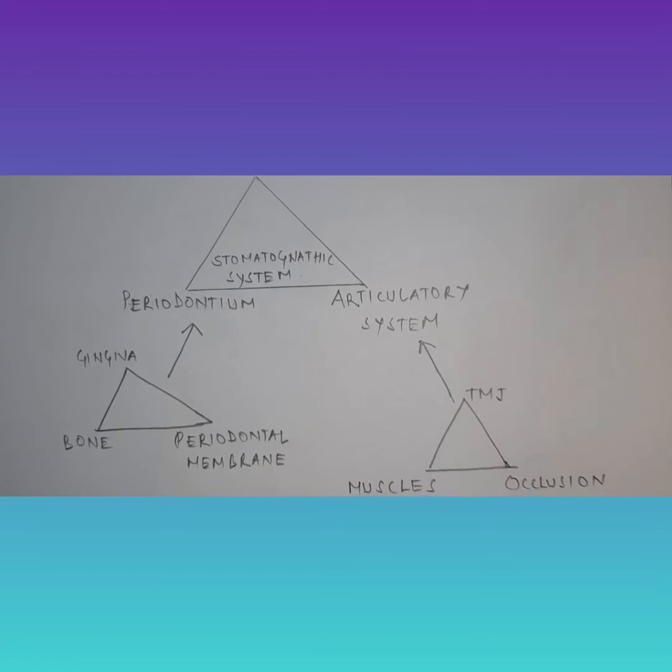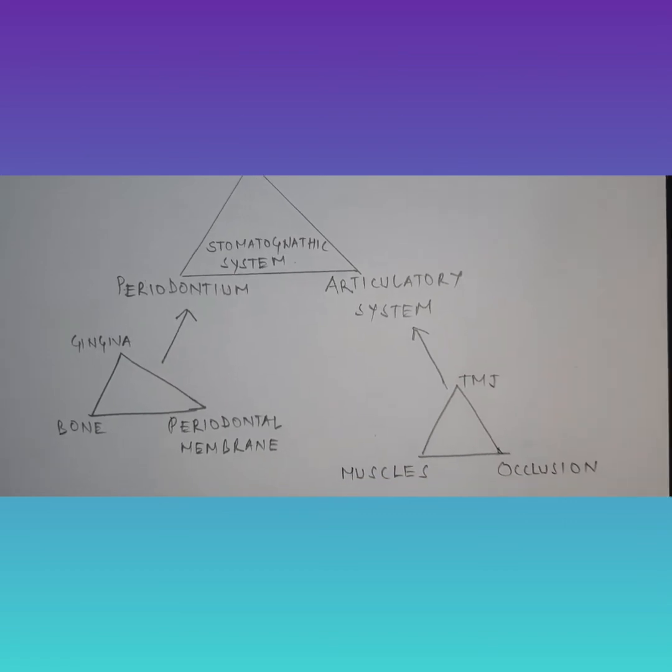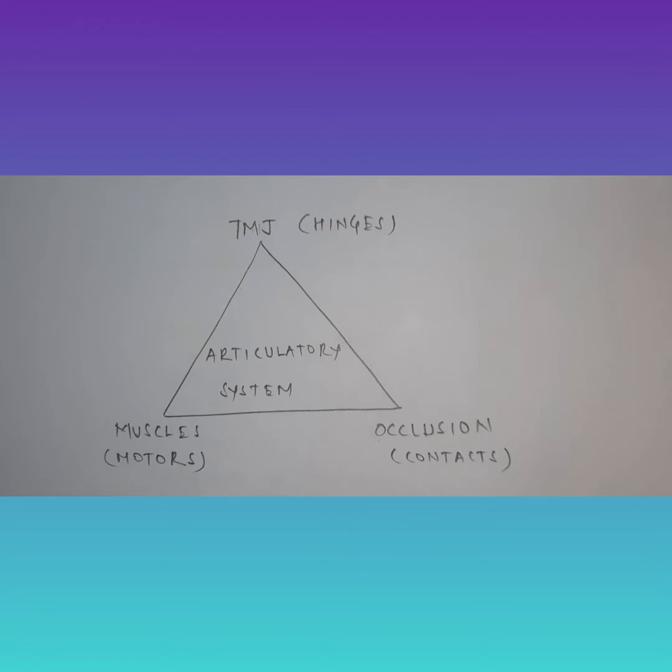And the most important system which I was talking about is the articulatory system. It has three components: the temporomandibular joint, the muscles, and the occlusion. The temporomandibular joint we can compare to hinges, muscles to motors, and occlusion to contacts.